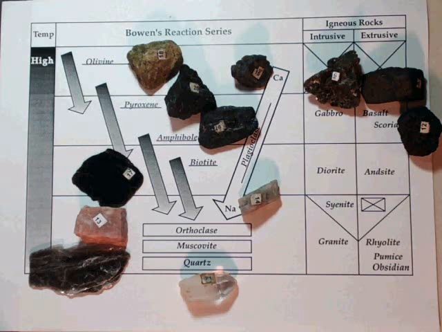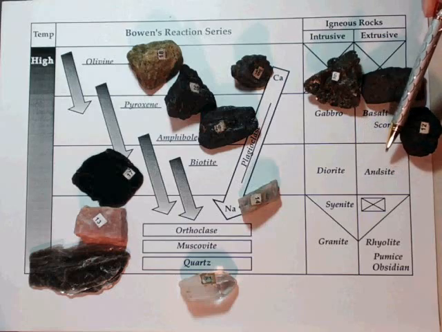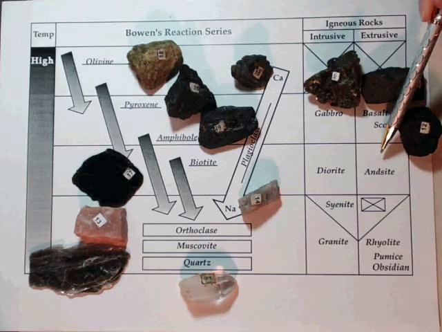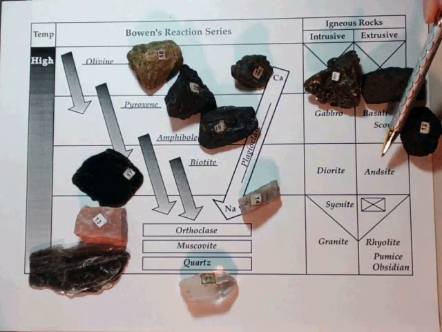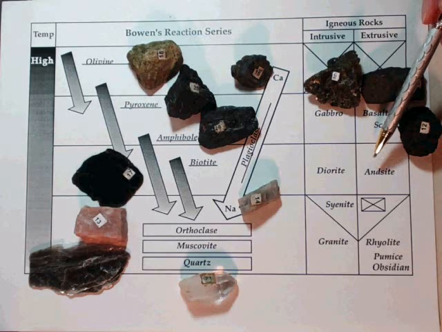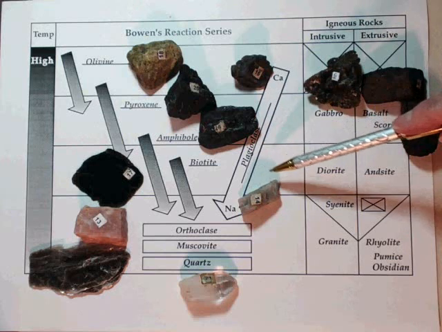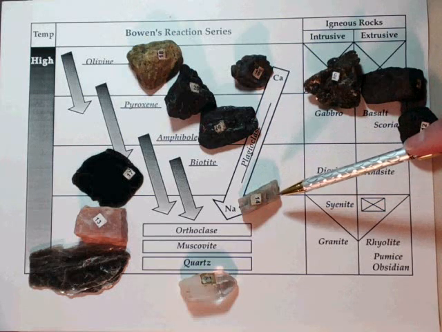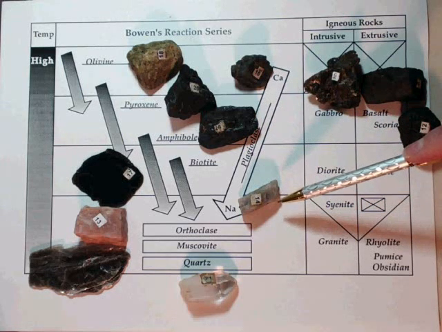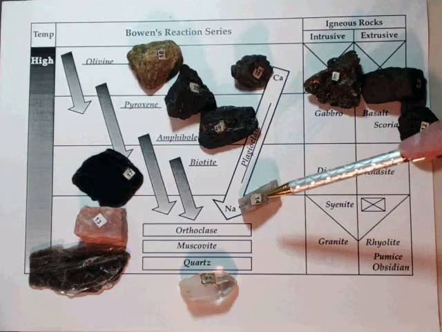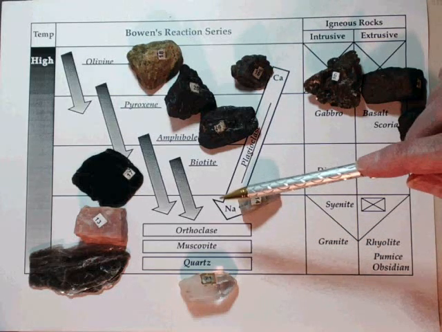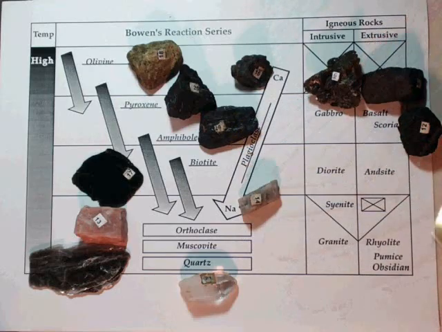Continuing on down there, we've got a couple other names. One is diorite. The other one, which is actually misspelled there, should be andesite. So here we have more of an intermediate mineralogy. We've got a little biotite in there, a little bit more on the end of the sodium plagioclase, maybe just a tad of amphibole in there.